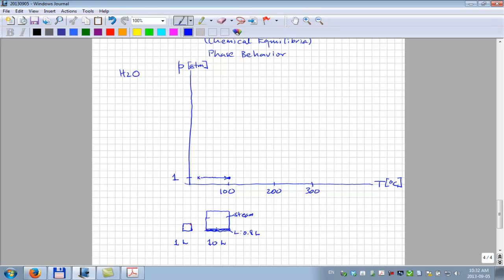And then we increase the volume yet again, to 1,000 liters. 1,000 times the volume. Now we're basically going to have 1,000 liters of steam and one remaining drop.